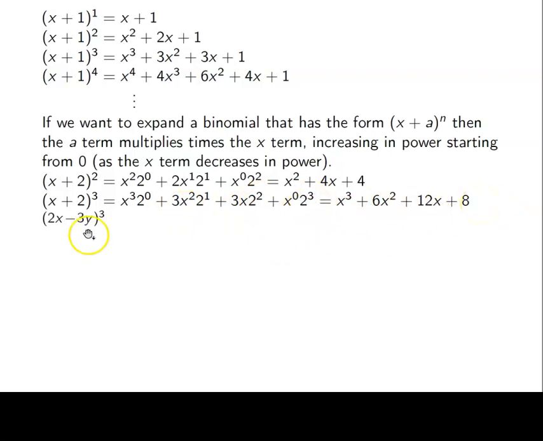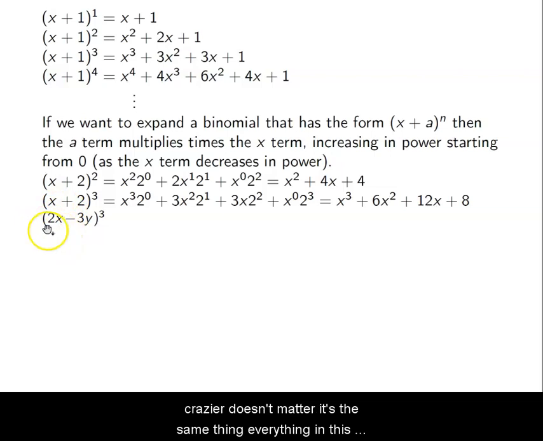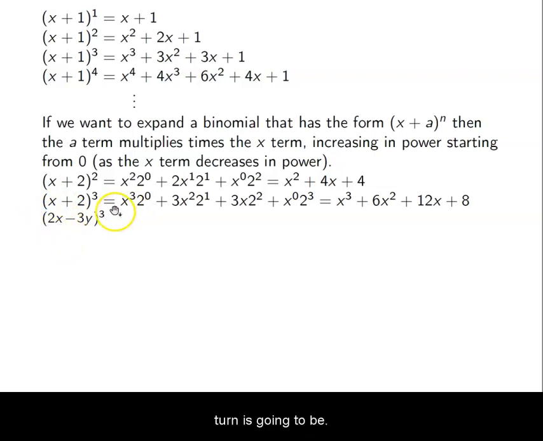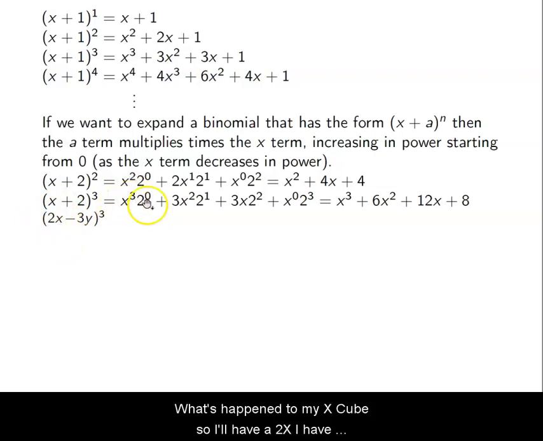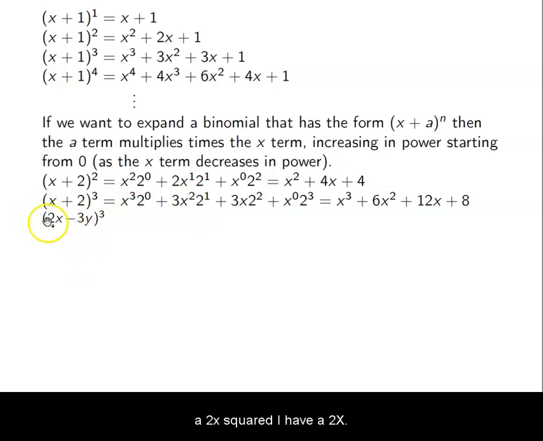Now, if I change it up and I do something a little bit crazier, it doesn't matter. It's the same thing. Everything in this term is going to be what's happening to my x cubed. So I'll have a 2x cubed. I'll have a 2x squared. I'll have a 2x to the 1 and a 2x to the 0. I will still have a 1, 3, 3, 1.